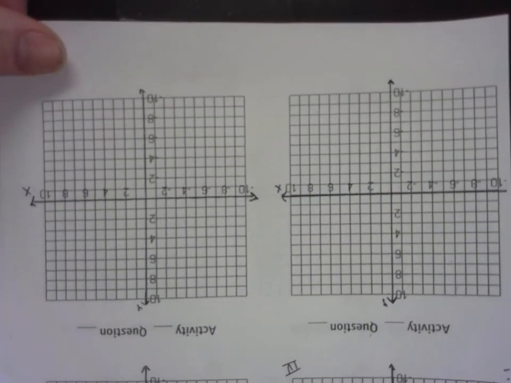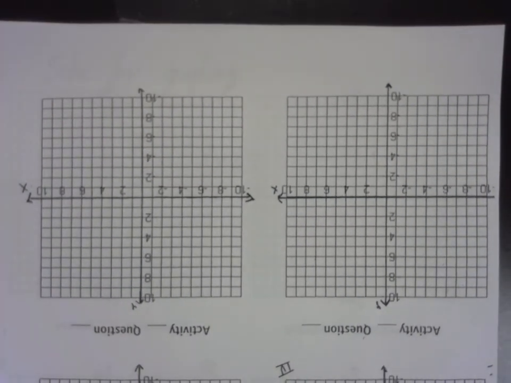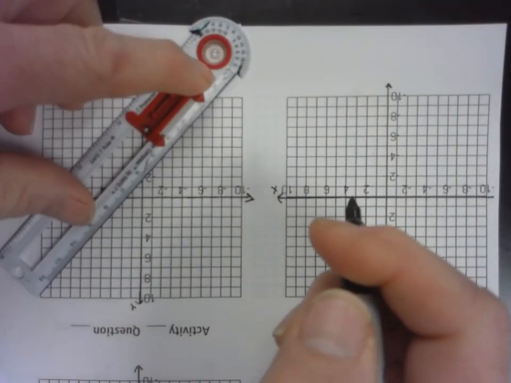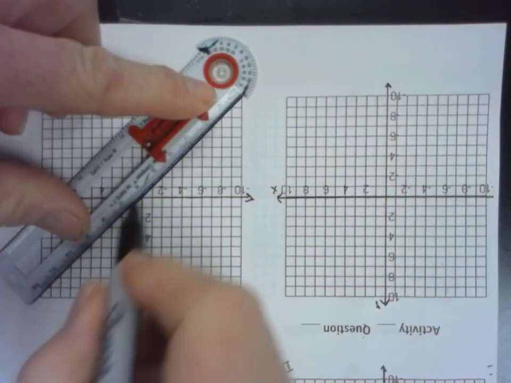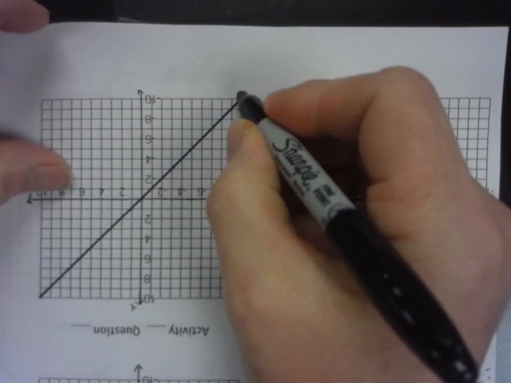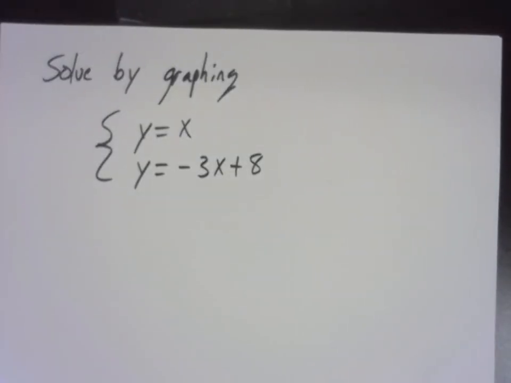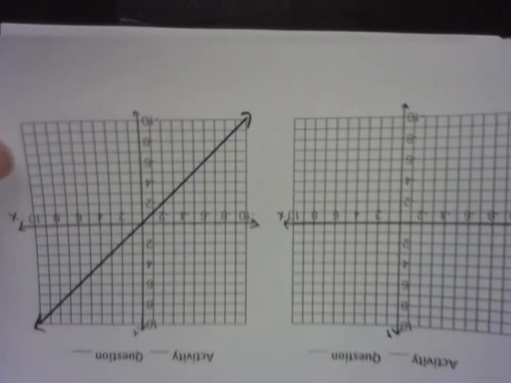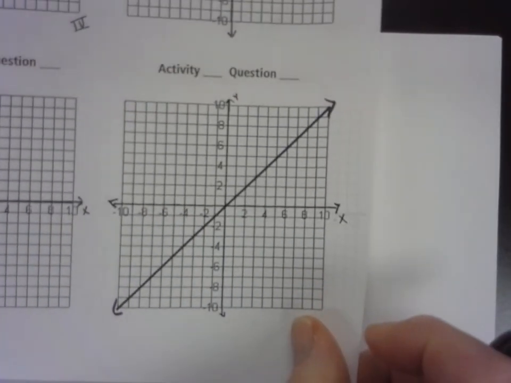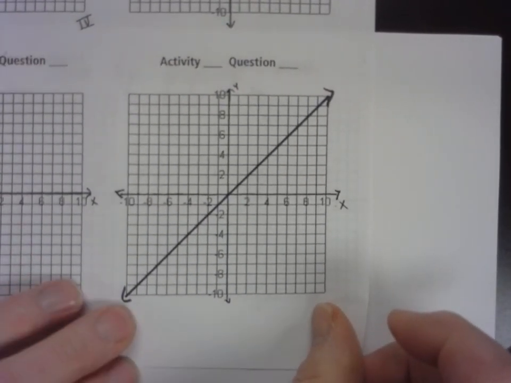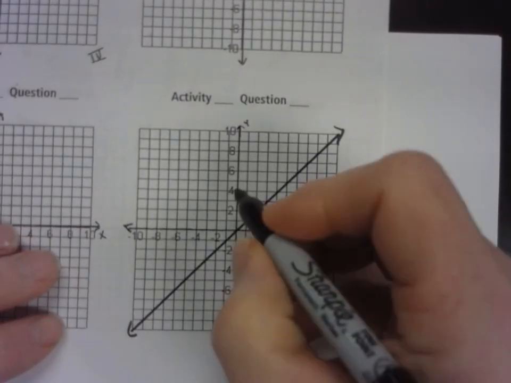So y equals x. That's just right here. And y equals negative 3x plus 8. I had that graph upside down. Negative 3x plus 8.